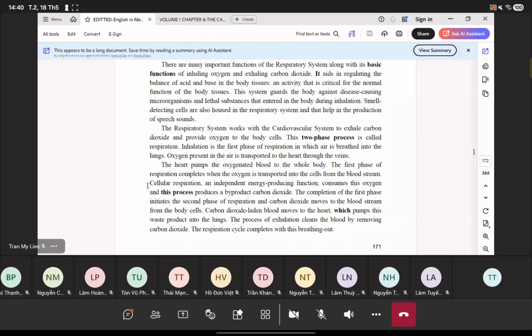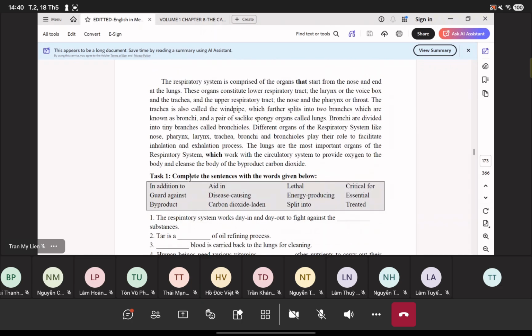The respiratory system is comprised of the organs that start from the nose and end at the lungs. These organs constitute lower respiratory tract, the larynx or voice box, and the trachea, and the upper respiratory tract. The nose and the pharynx or throat. The trachea is also called the windpipe, which further splits into two branches which are known as bronchi. And a pair of sac-like spongy organs called lungs.